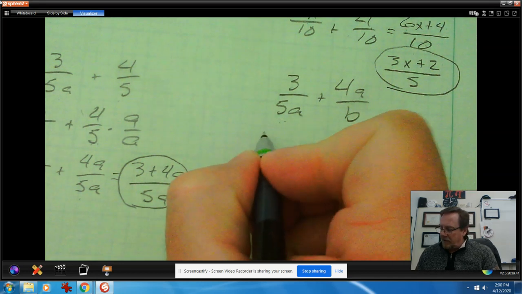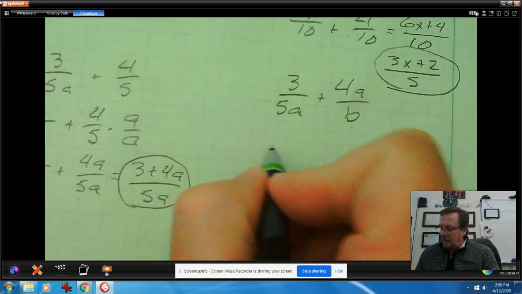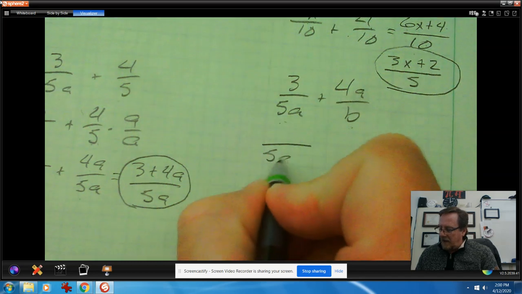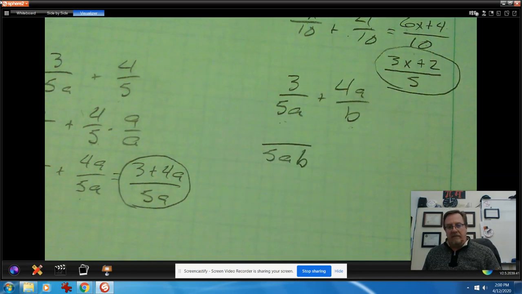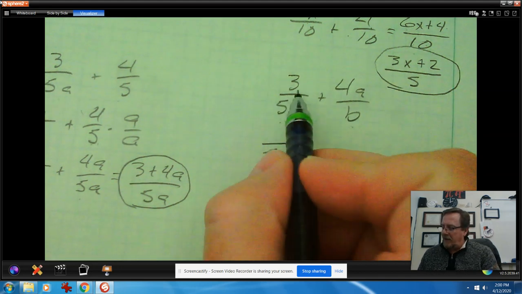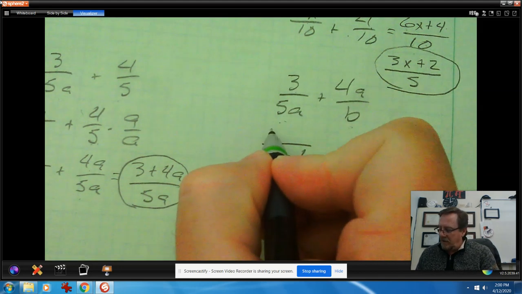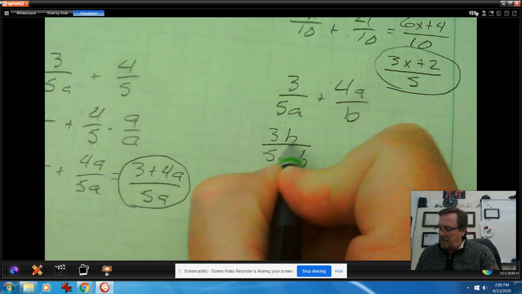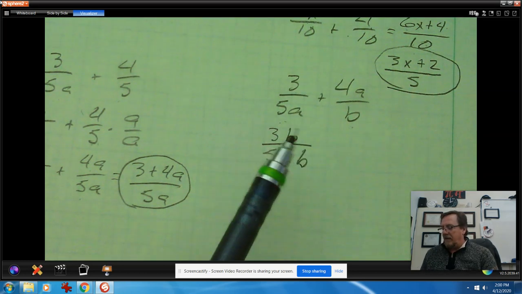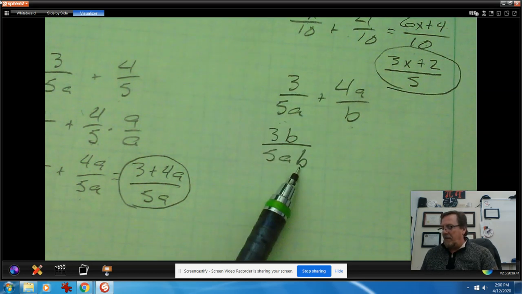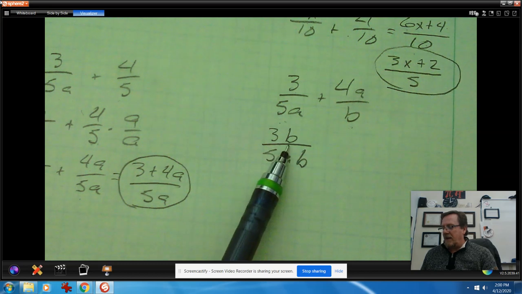So on the first one, to get 5ab as my denominator, I'm going to have to multiply 3 times b, aren't I? If I multiply the bottom by b, I have to multiply the top by b.